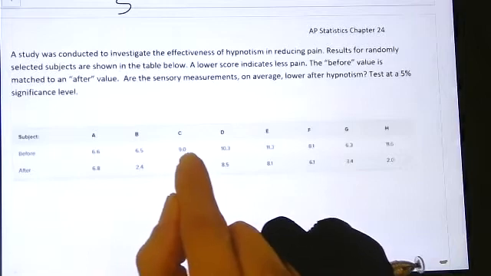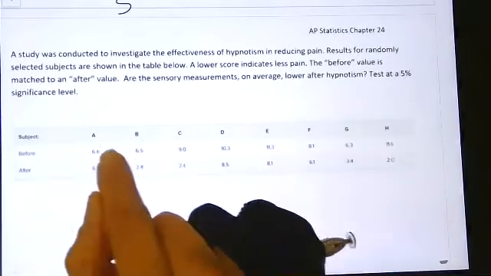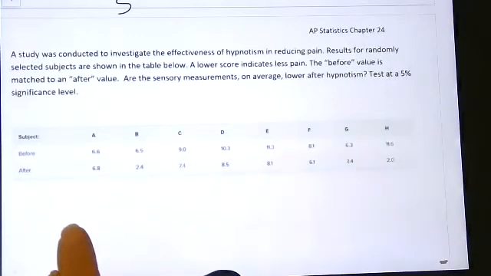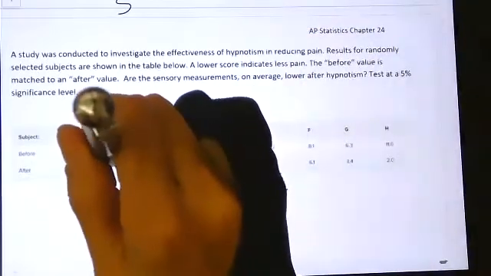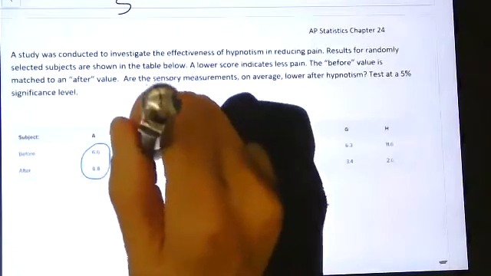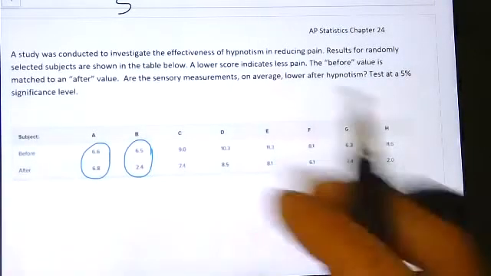We wouldn't just want to find the mean of all of these and then the mean of all of those, because what if you've got people in here that have a higher level of pain than others? It's much better to pair them. So in other words, these 2 values get paired together. These 2 values are paired together. And what we're looking for is an average decrease in the pain level across the board.